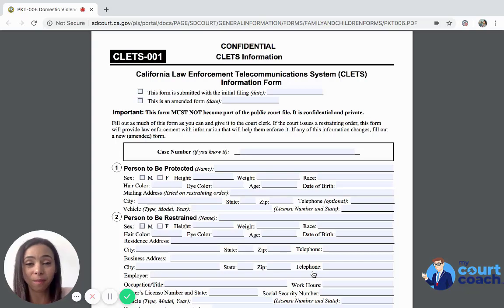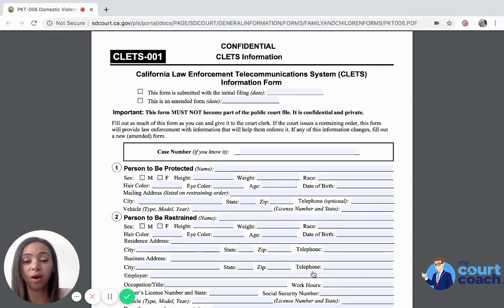The purpose of this form is so that if you do have a domestic violence restraining order currently in effect, then while you travel, let's say you go to Hawaii, for example, and your abuser shows up while you are there and they are harassing you or violating your current temporary restraining orders, then you can immediately call law enforcement and they will see that there is a restraining order in the system protecting you from this individual, and they can take the proper action, which is hopefully arresting them.